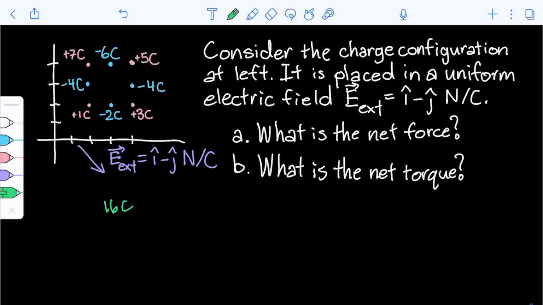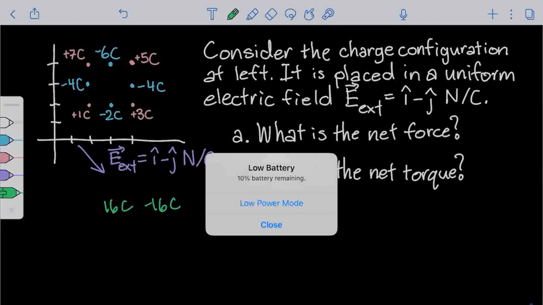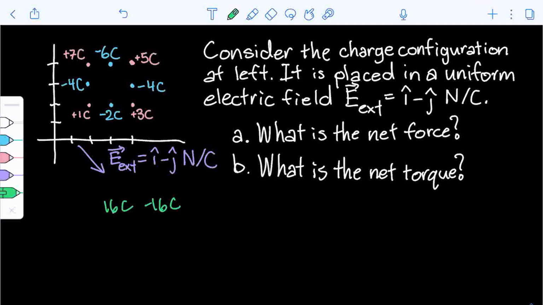The negative charges add up to negative 16. So that means that we can consider this to have an electric dipole moment. And since the electric field is uniform, we can apply the formulas that we know from before.